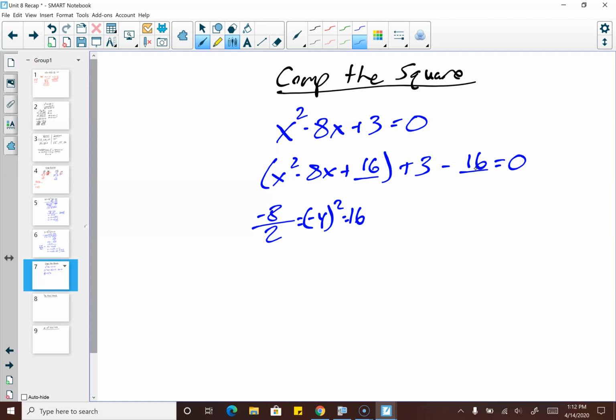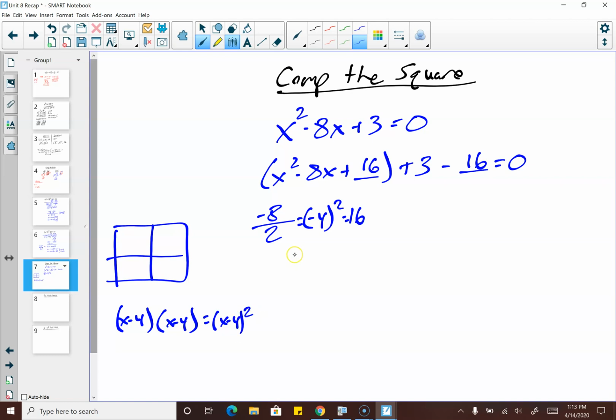So this parenthesis here always factors, all right? And we could take the time to get our two parentheses that it factors into, but the whole point of this is that when we would factor it, we'd get the same exact parenthesis twice. In this case, we get x minus 4, which really is x minus 4 squared. But we don't want to take the time to do that.